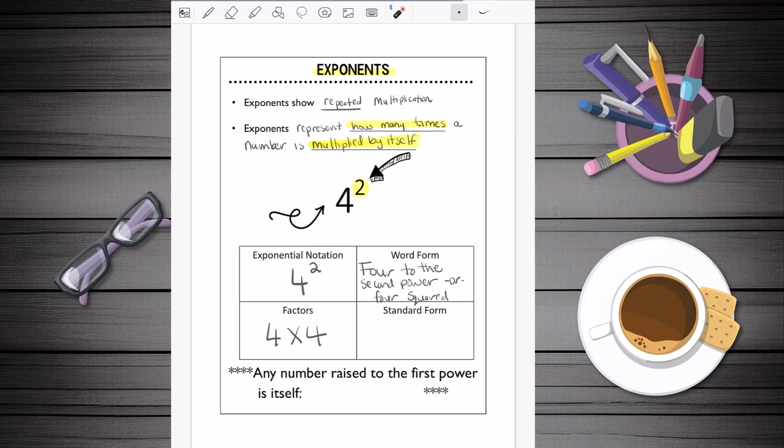So there's 2 4s, 4 times 4. And we could also multiply 4 by 4, which gives us 16, and that's going to be your standard form of your number.